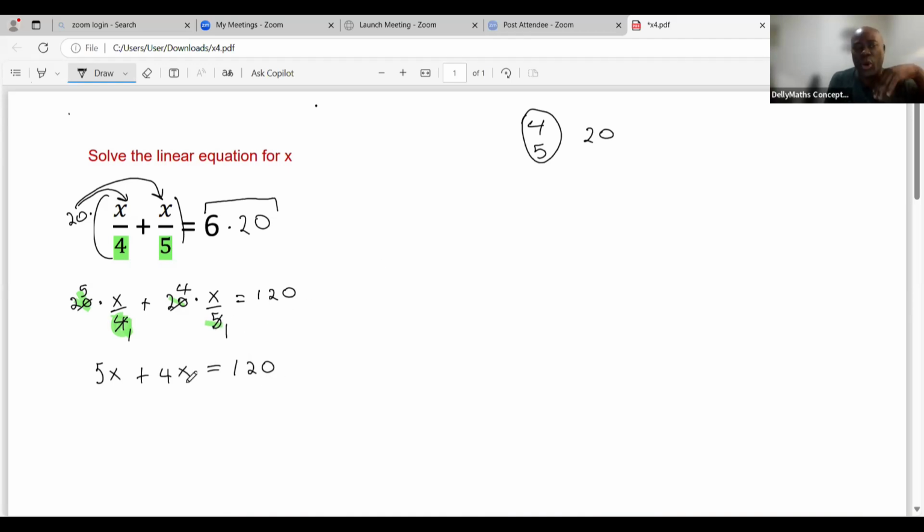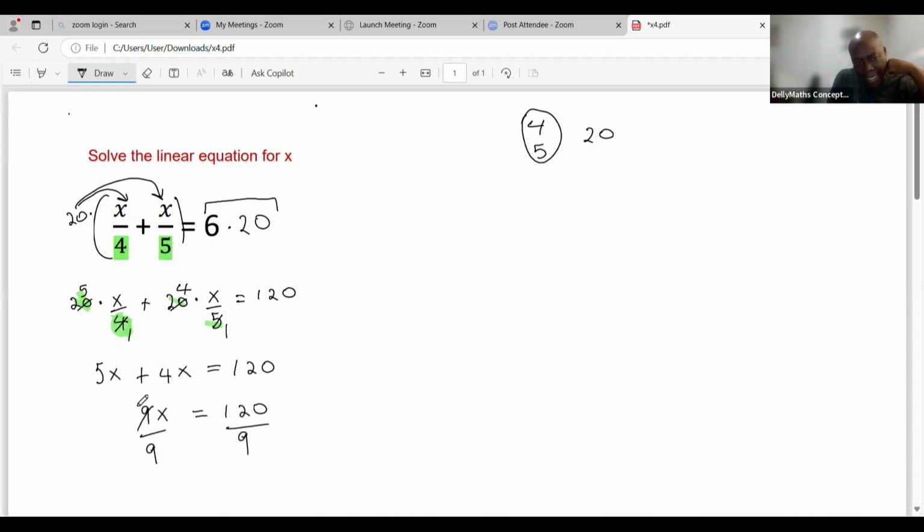Now, at least you could see that the fraction is gone. Let's take a look at what we really have. We have 5x plus 4x, which makes 9x on the left side, equal to 120. In order to isolate x, I'm going to divide both sides by 9.